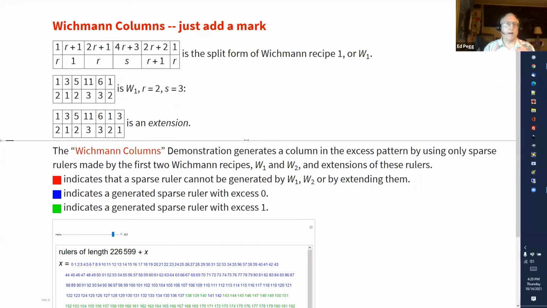Once I figured out that it was easier to solve large values, I found that if I just added a mark at the end of a Wichmann recipe, I could very often get another sparse ruler.